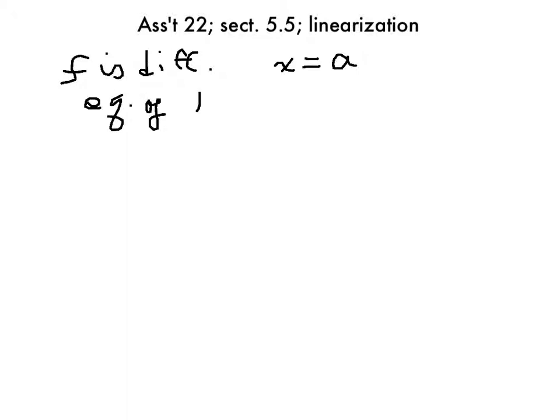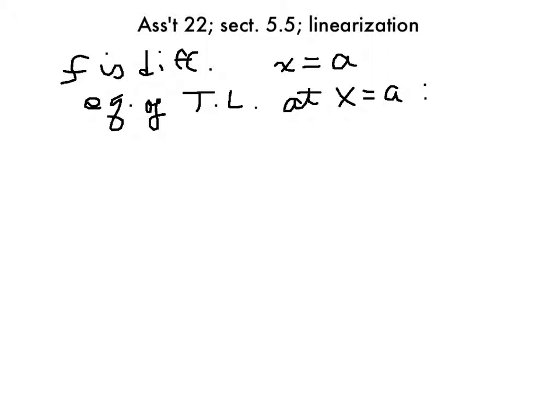Let's suppose that f is a differentiable function, and we're going to look at the curve near x equals a. And what we want to look at is the equation of the tangent line at x equals a.